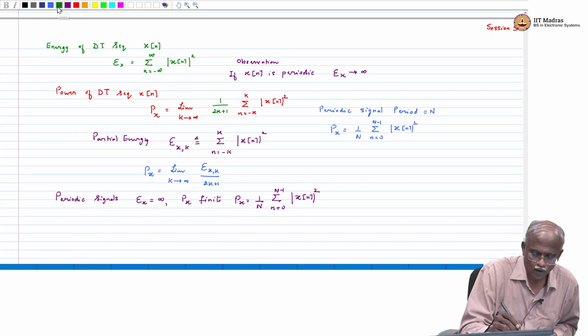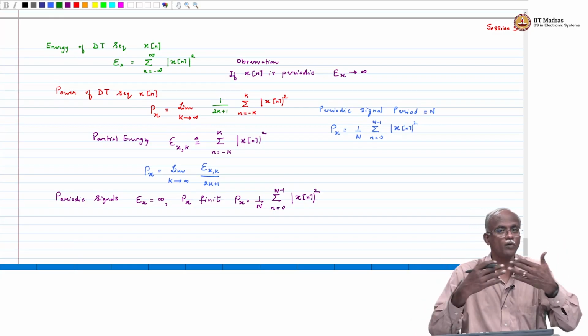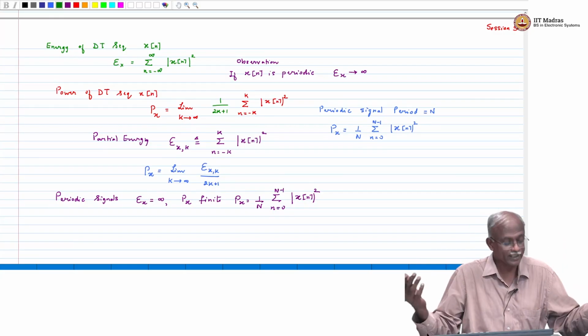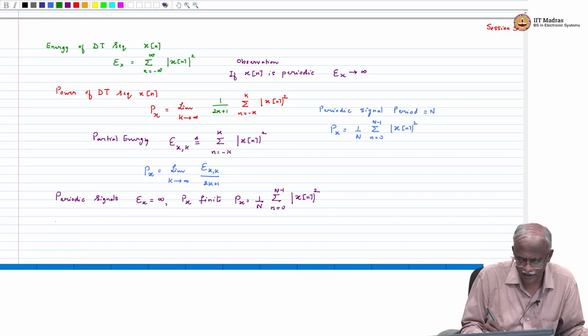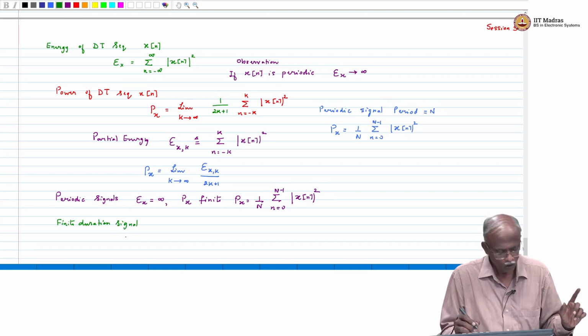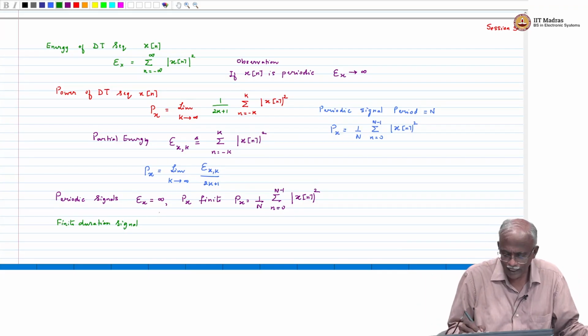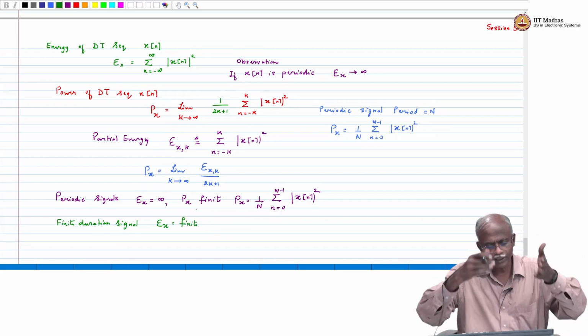Now, what is the opposite of a periodic signal? An aperiodic signal. That means it is not periodic, it is not going from minus infinity to infinity, basically it is a finite duration signal. If I have a finite duration signal, notice that when I take the energy it will turn out to be finite, because I have a finite number of terms, I am taking magnitude squared and adding them up.